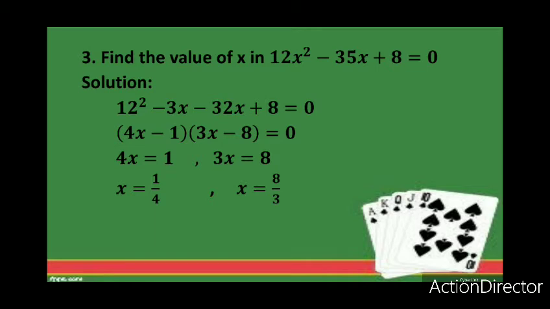We will find the value of x in each term. 4x equals 1, divide both sides by 4, and the result will be x equals 1 over 4. On the other hand, 3x equals 8, divide both sides by 3, and the result will be x equals 8 over 3.